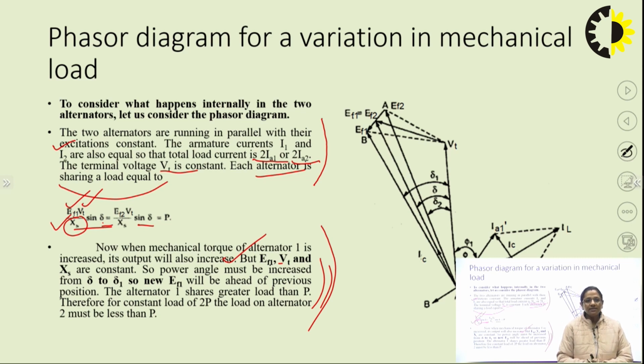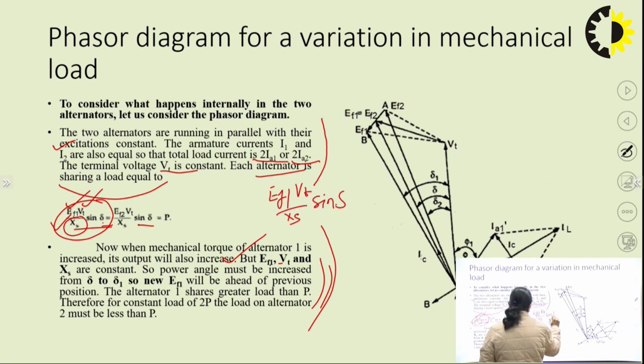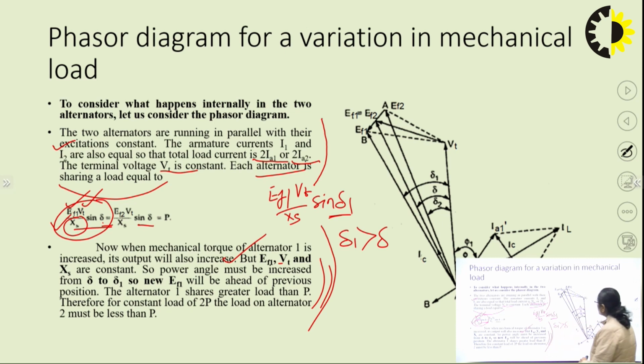So, alternator 1 now shares a greater load than P. Now, we have the power output as EF1 Vt upon Xs sine delta 1, where angle delta 1 is more than the previous load angle delta of the alternator.